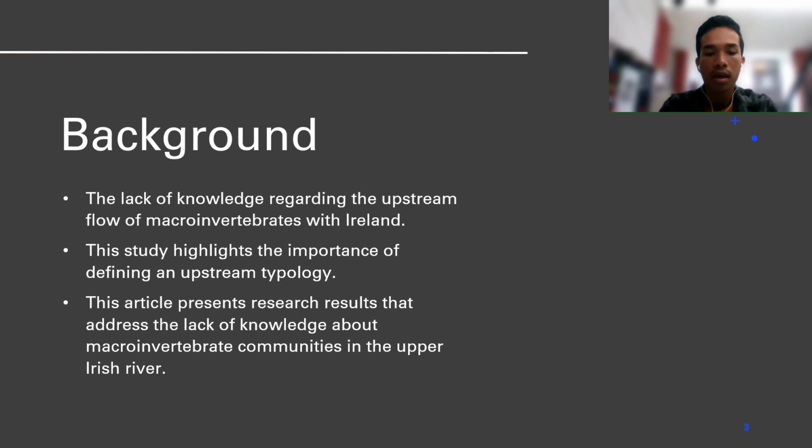The last one is this article presents research results that address the lack of knowledge about macroinvertebrate communities in the Upper Irish River. Therefore, the main objective is to identify and describe these communities, which represent reference systems across various geological and geographical settings, in order to develop a typological classification for the sites.